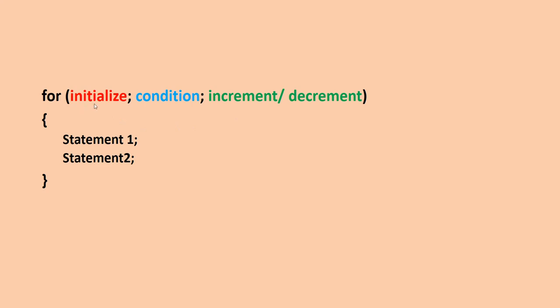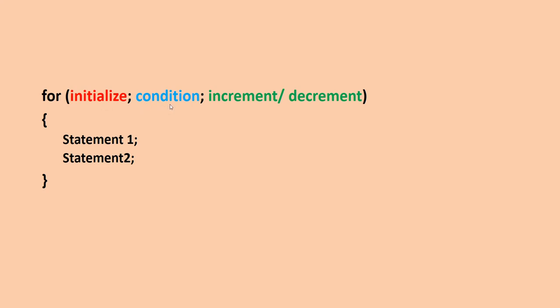The first statement is the initialization statement. Why is it called that? Because it initializes the loop variable and it is executed exactly once. The second statement is a condition.